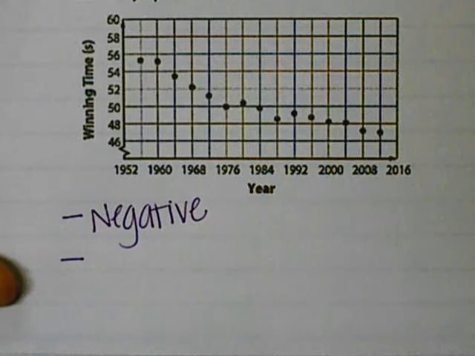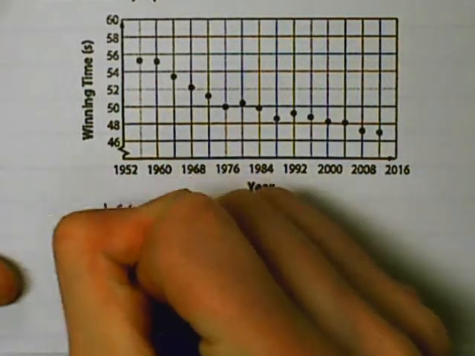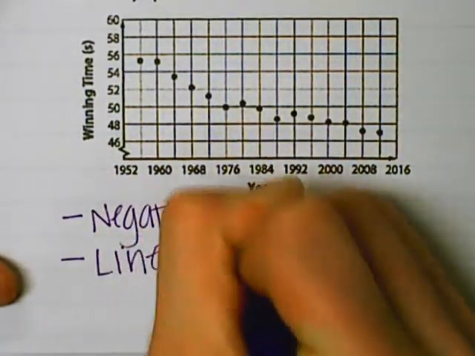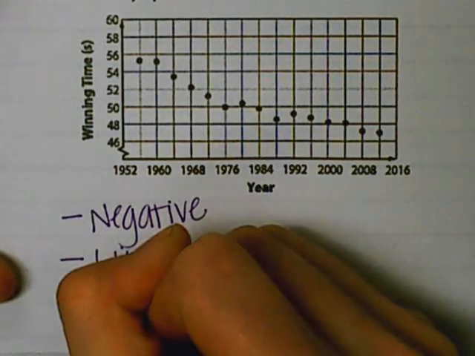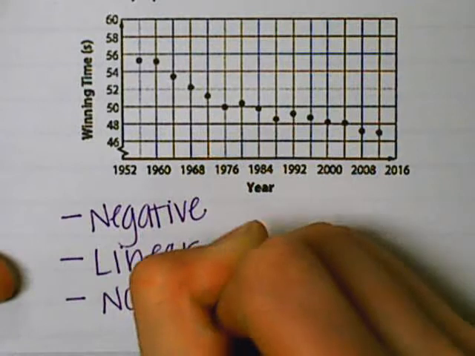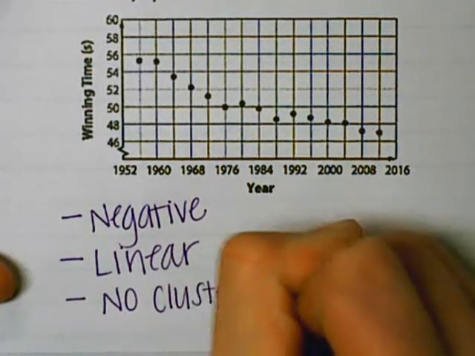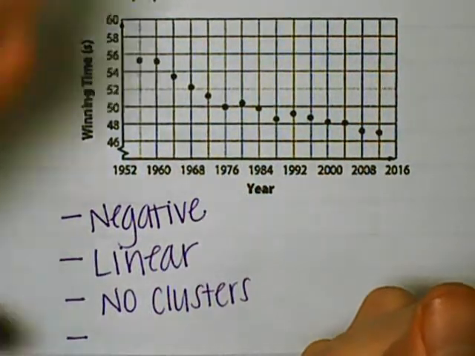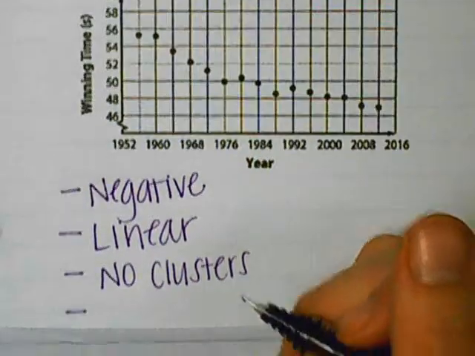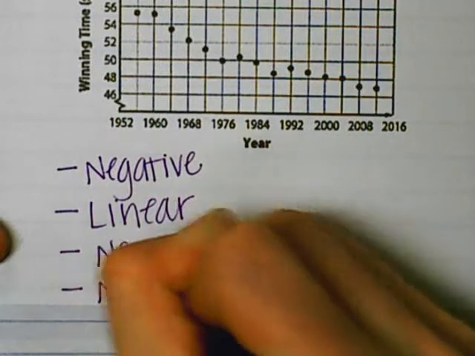It generally appears to be linear. There don't appear to be any tight groups. And there don't seem to be any random dots not following the line.